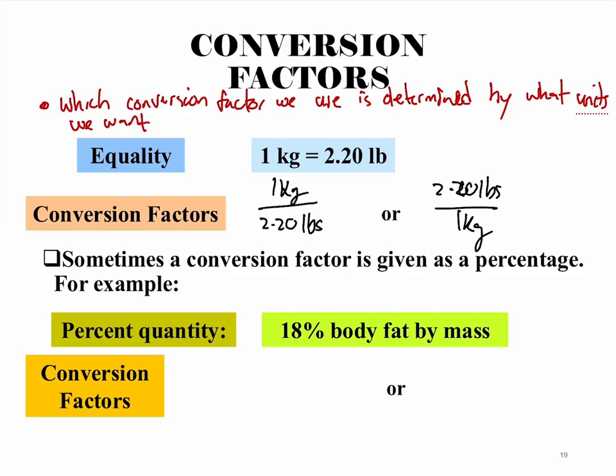And so we can also have percentage conversion factors derived from a percent. So if we have 18% body fat by mass, then if we're using units of grams, that means that for every 18 grams of body fat, we would have 100 grams of body weight.